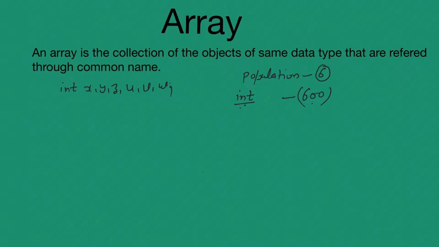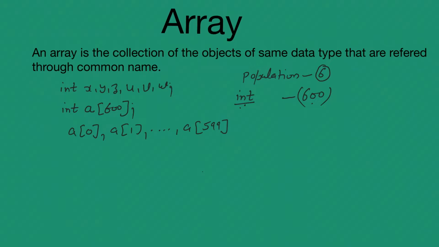So what we will do is define a, and here we will write 600. That will solve the problem. With that, we have declared 600 variables from a0 to a599.